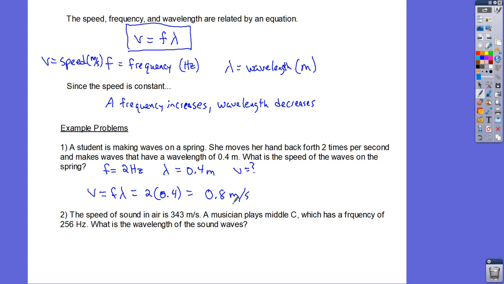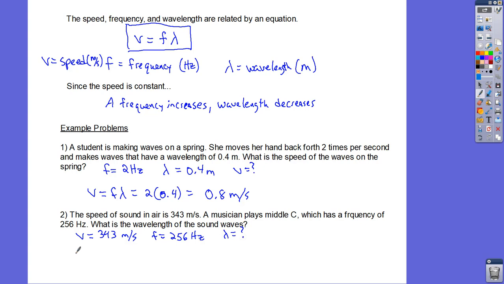Okay, another example problem. Speed of sound in air is 343 meters per second. So a musician plays middle C, which has a frequency of 256 hertz, and we want to find the wavelength of those sound waves. So just looking through here, we know that speed is equal to 343 meters per second. We know that the frequency is equal to 256 hertz, and we are looking for the wavelength lambda.